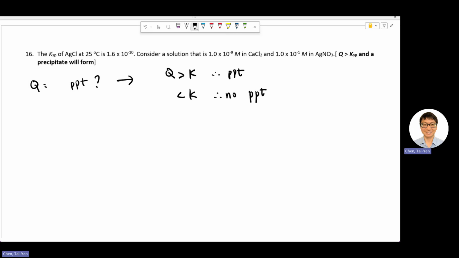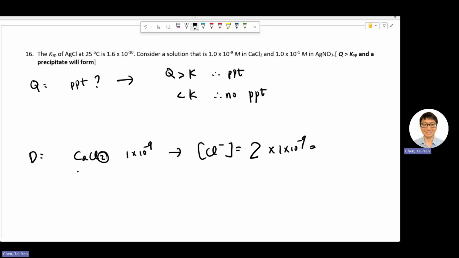Okay, so the data that you have is CaCl2, and the concentration is 1 times 10 to the negative 9. Therefore, you know your Cl minus concentration should be twice, okay, 2 times 1 times 10 to the negative 9. That's 2 times 10 to the negative 9.